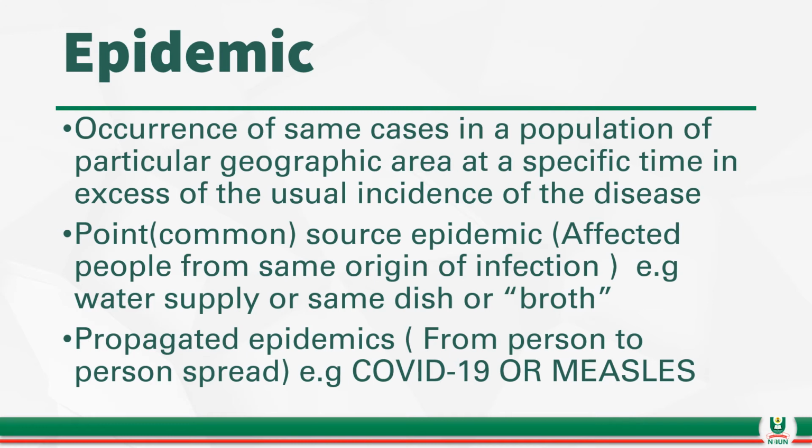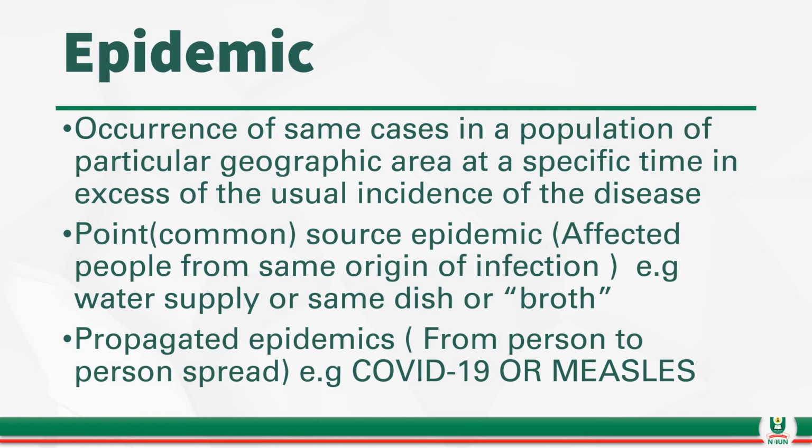So epidemic is the occurrence of same cases in a population of a particular geographic area at a specific time in excess, mark the word, in excess of the usual incidence of the disease. So you have cases coming in excess of what it used to be in a particular geographic area at a specific time. That becomes an epidemic.